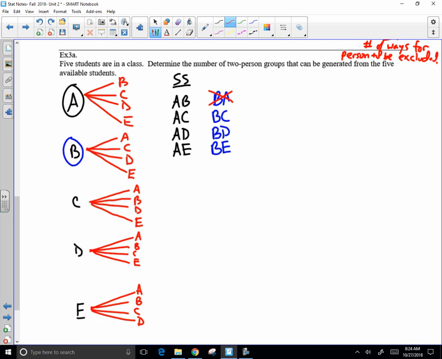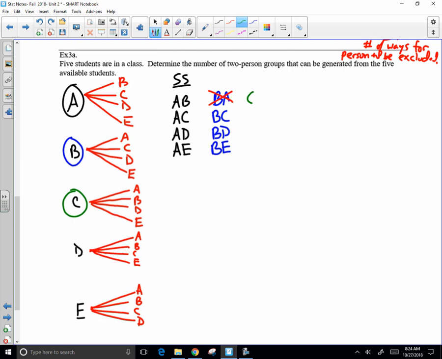Now, if I told you that the first person selected gets the grand prize of $10,000 and the second person selected gets a piggy bank with a quarter in it, then it really does matter who gets selected first. All right, so context is really important.